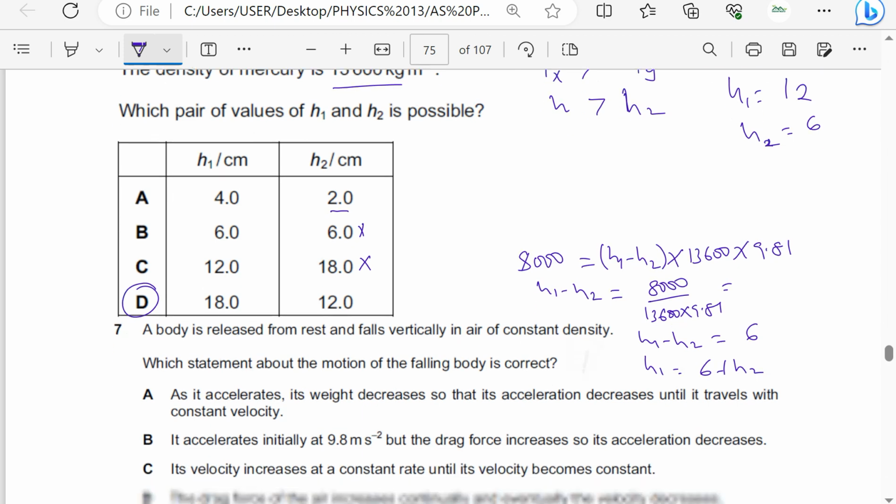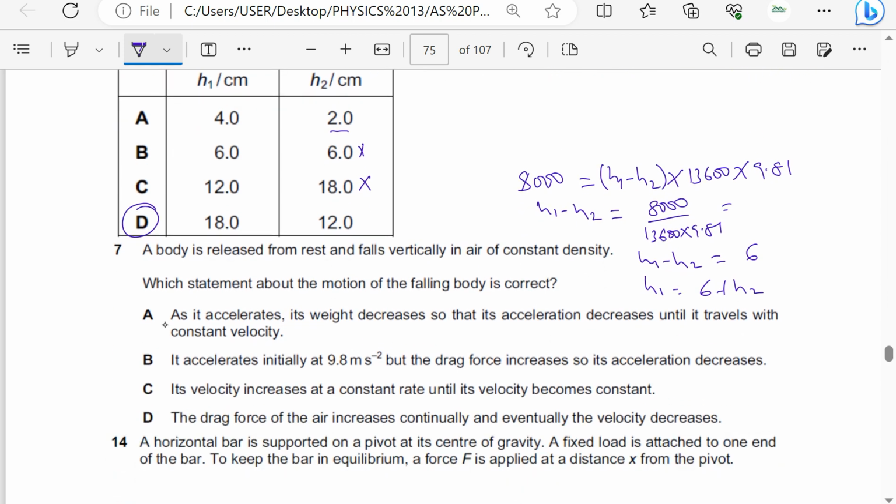D. A body is released from rest and falls vertically in air of constant density. Okay, not constant velocity. What statement about the motion of the falling body is correct? It is released from rest, so that means initial velocity is 0.